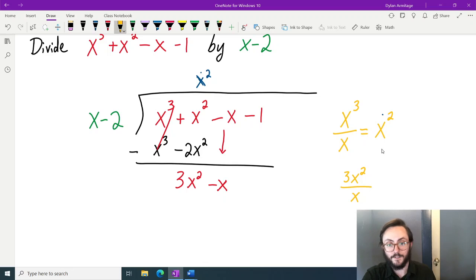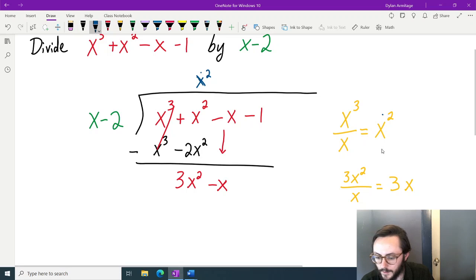First term of our sort of new dividend, divided by first term of our divisor. So this gives us 3x, just like that. Right. So then we have plus 3x.